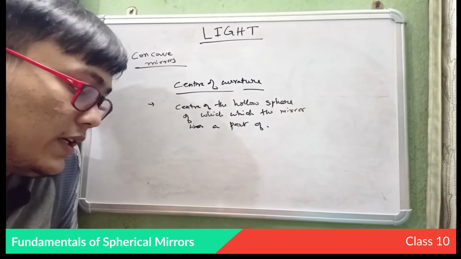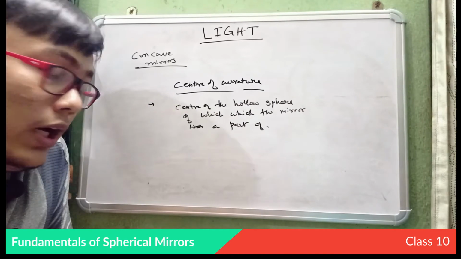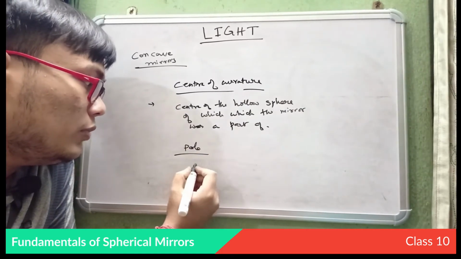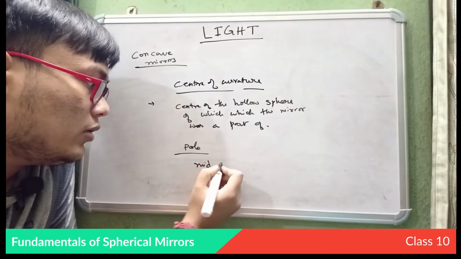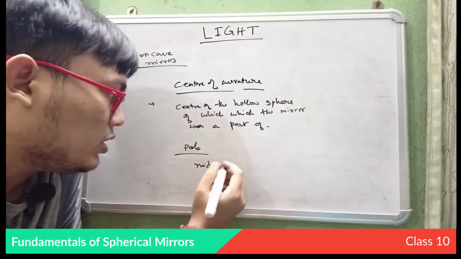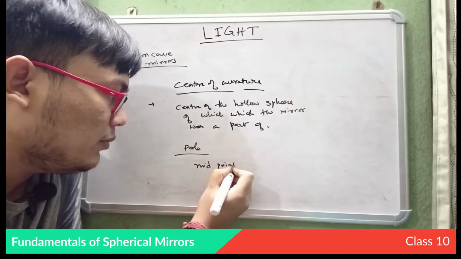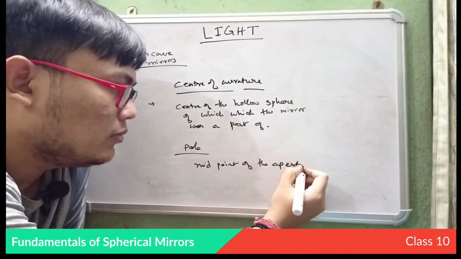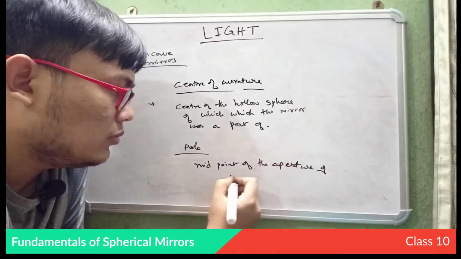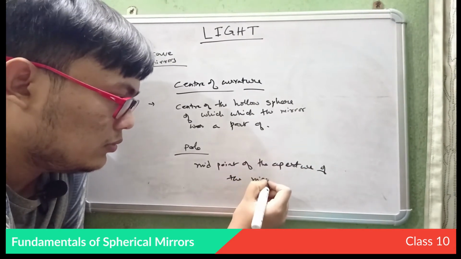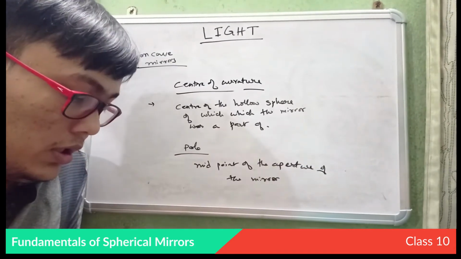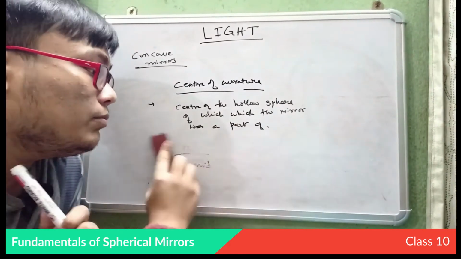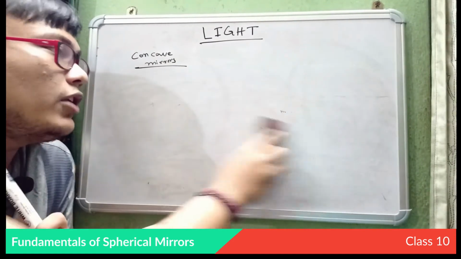Okay, so it is the center of the hollow sphere, and I have discussed that the pole is nothing but the midpoint of the aperture of the mirror. Right, now I had discussed that the principal axis is an imaginary line joining the center of curvature and the pole.